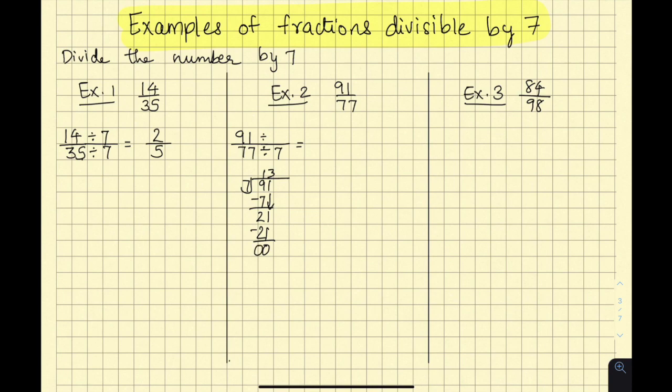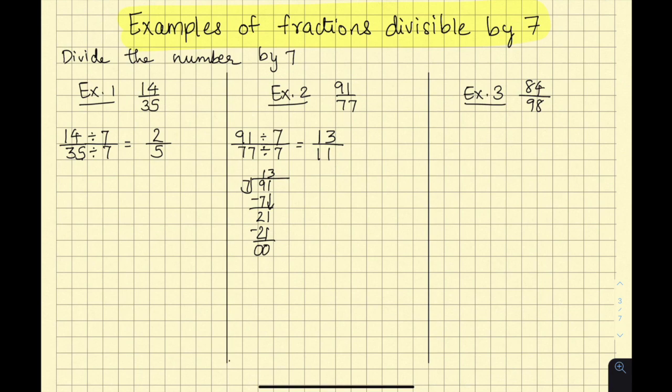So you get 7 into 13 is 91. So 91 when I divide by 7, it gives 13 and 77 divided by 7 gives 11. Now 13 and 11 are not going in any other common table. Hence 13 over 11 is the simplest form of the fraction 91 over 77.